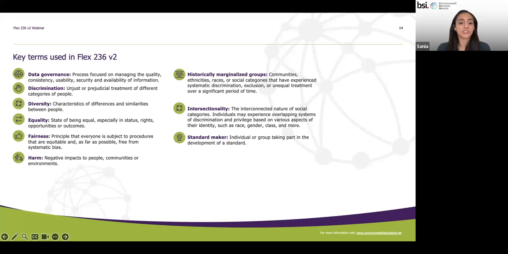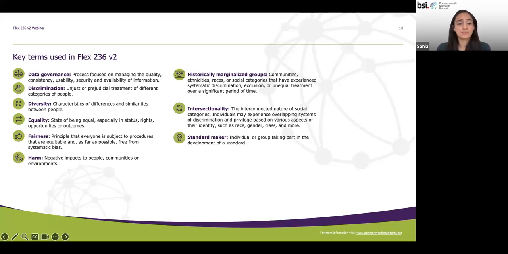Diversity, referring to characteristics of difference or similarities between people. Equality is the state of being equal, especially in status, rights, opportunities, and outcomes. Fairness refers to principles that everyone is subject to procedures that are equitable and, as far as possible, free from systemic bias or systematic bias.